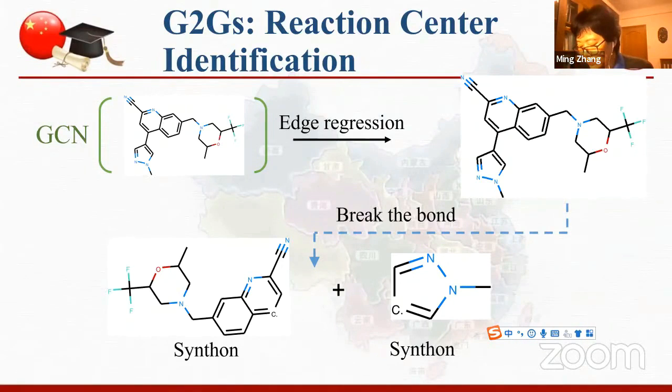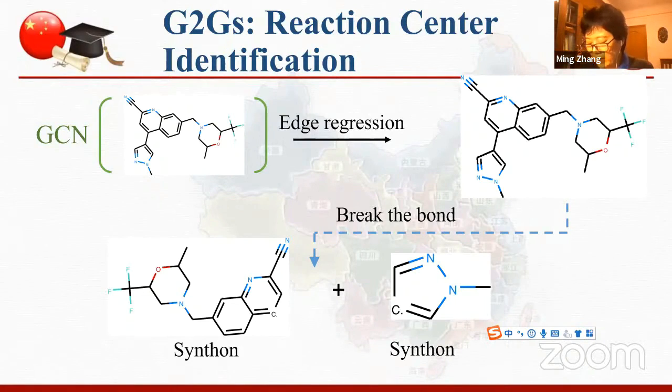Then we estimate the reactivity of each bond based on its edge embedding. The bond with a high reactivity score is selected as the reaction center. Then we break the corresponding bond. In this way, the target molecule is split into multiple synthons, which can be later translated into final reactants.